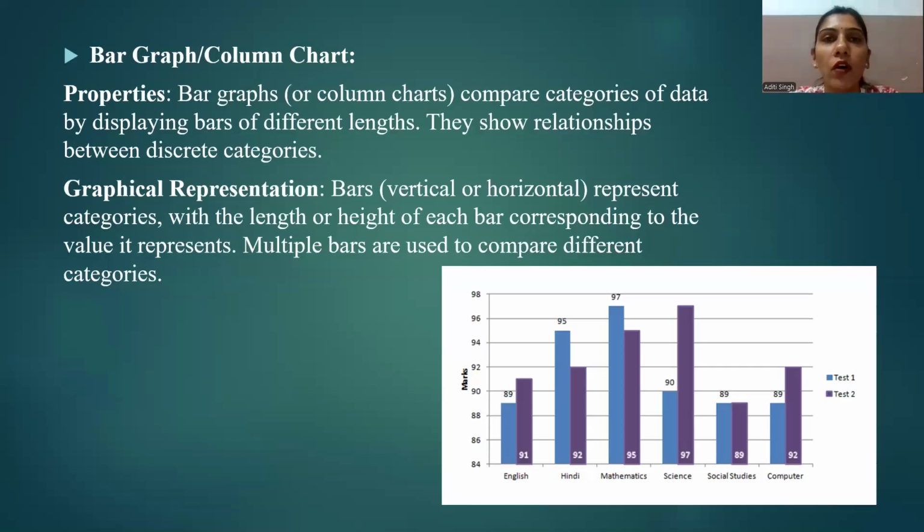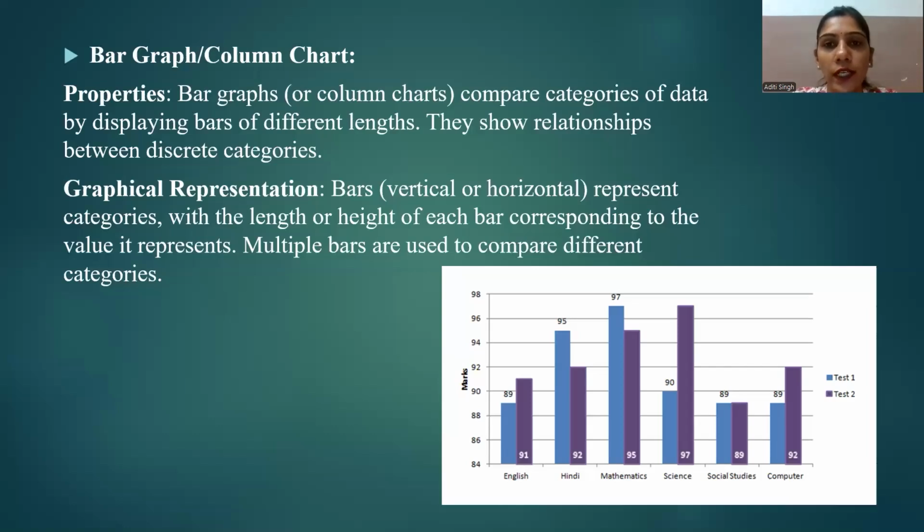So basically, horizontal bar diagram is used for qualitative data, and the vertical bar diagram is used for quantitative data, or you can say for time series data. When we have to show data of the last 10 years, that is called time series data.